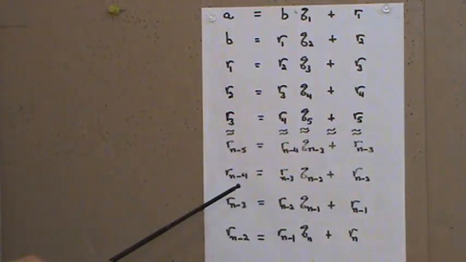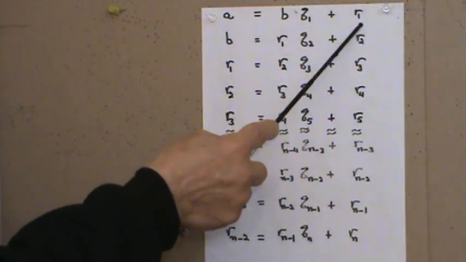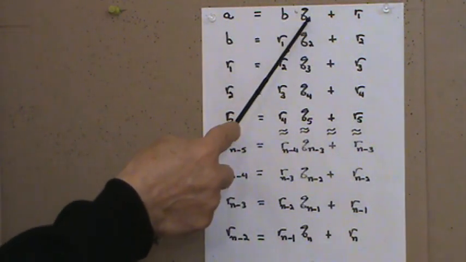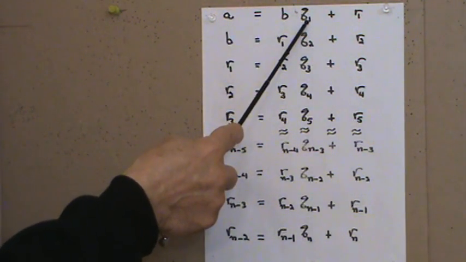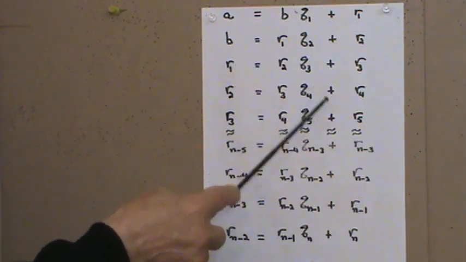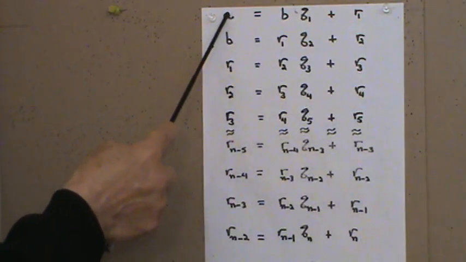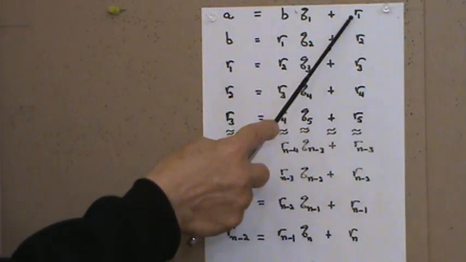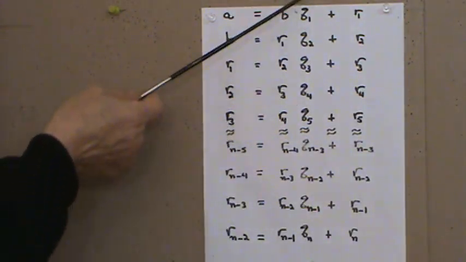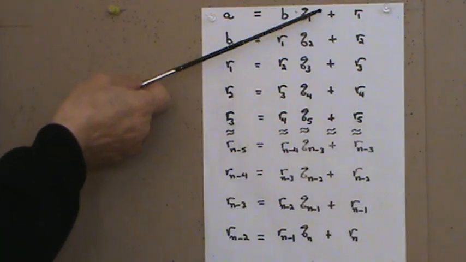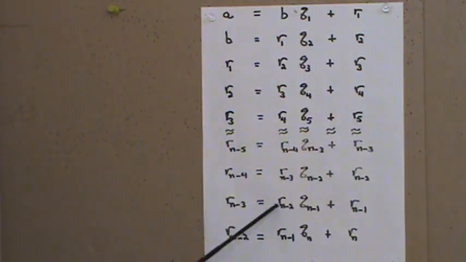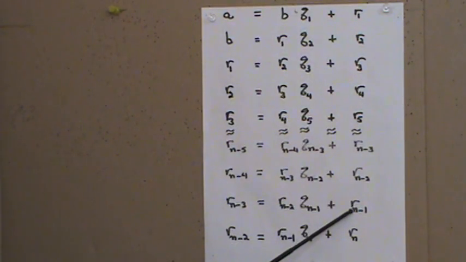Or another way to look at it, just solve it for R1. R1 equals A minus B Q1, in this case with the subscript. Then since D divides A and B, on the right hand side, therefore D must divide R1. So again, this procedure continues, come down, come down, come down, and finally ends up at R_{n-1}.